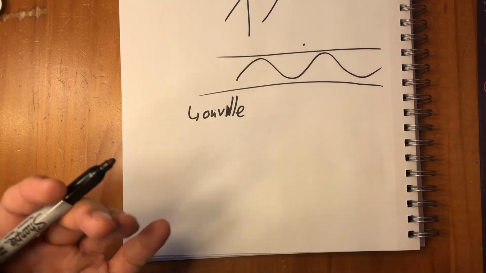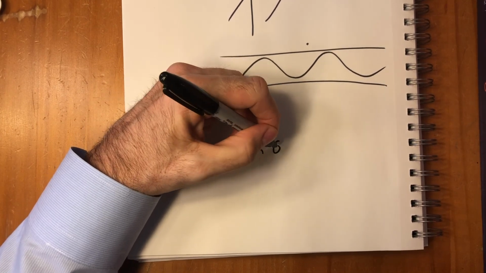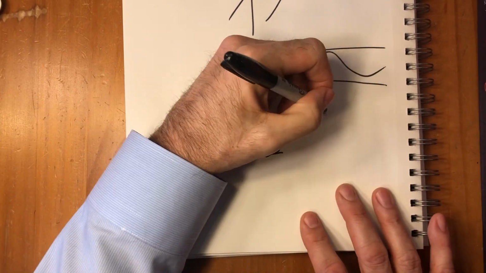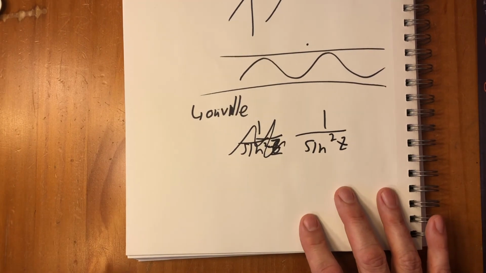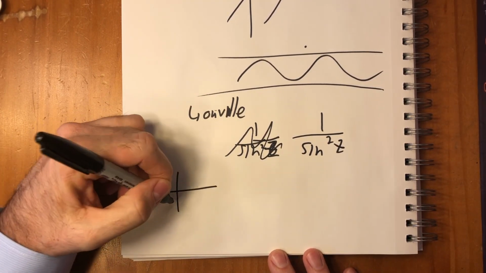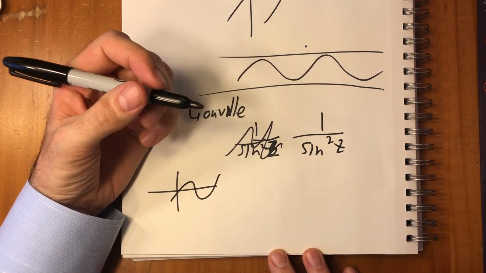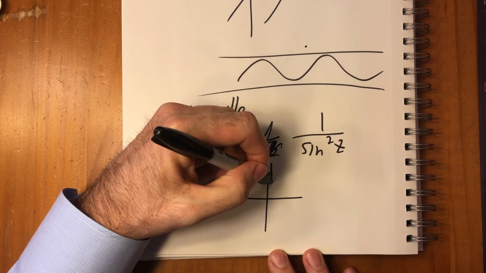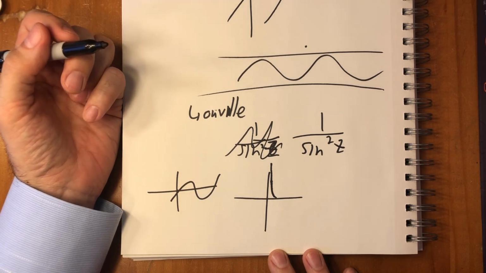So one example to think about what this means is 1 over sine squared z. If you think about 1 over z, sine goes to 0, right? So 1 over sine is going to have to look something like, it's going to go to infinity and then down, and then, let's see, what would it do?